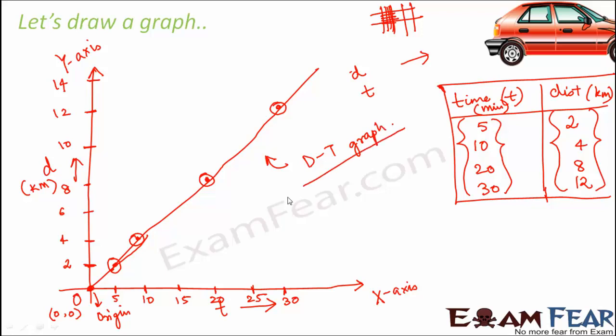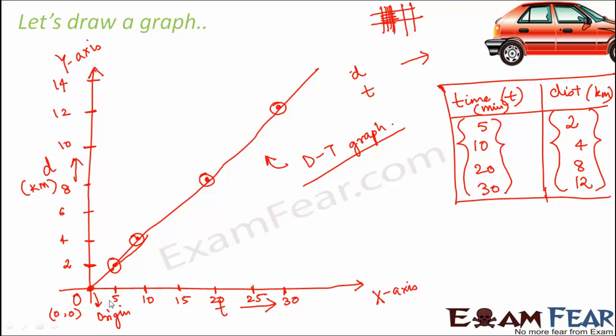Since the graph is a straight line passing through the origin, it says that it is a motion where the car is covering equal distances in equal intervals of time. What we can interpret from a distance time graph, we are going to discuss in the next section. But for now you should know how to plot a distance time graph.